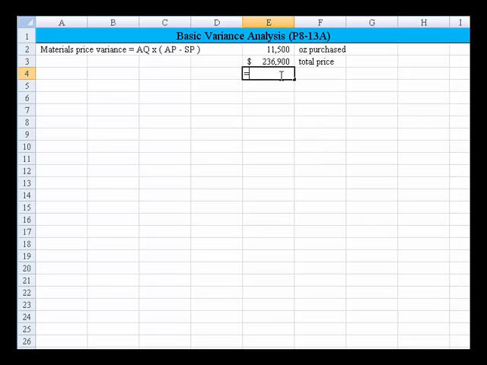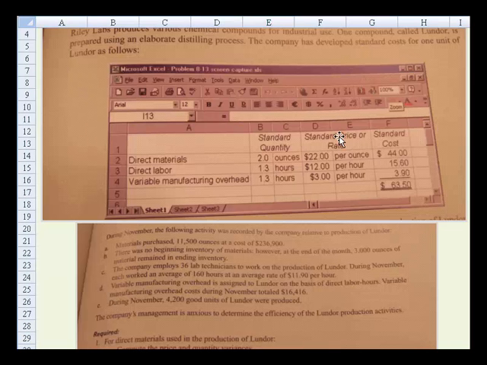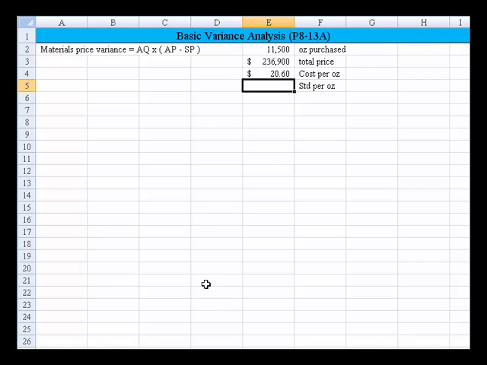So the cost per ounce, take the cost divided by that, and we come up with $20.60 per ounce. Okay, so that's the cost per ounce. The standard per ounce was equal to $22 per ounce, right? Okay, and let me format that the same way.